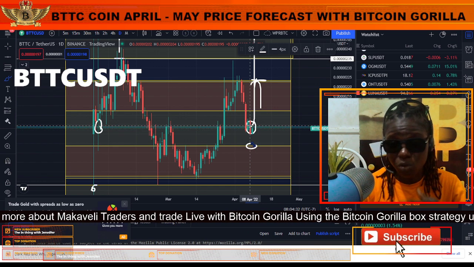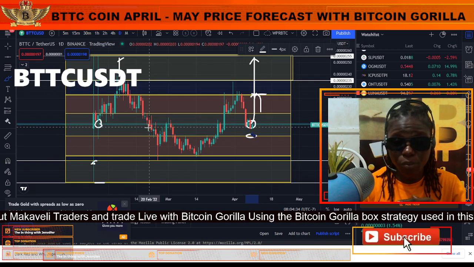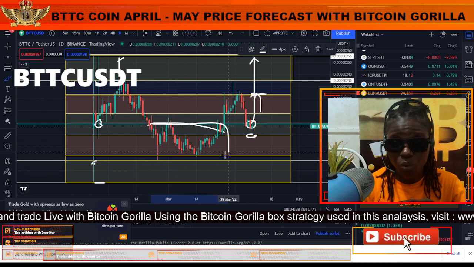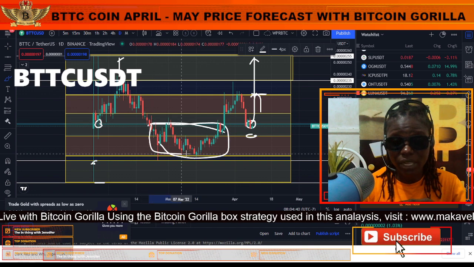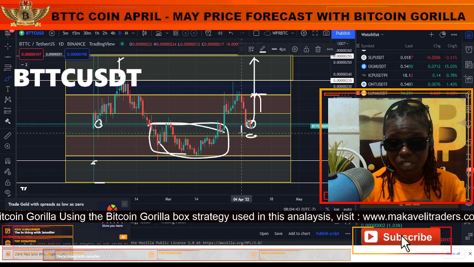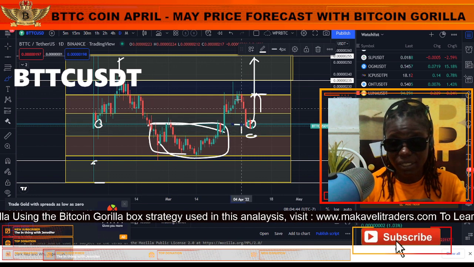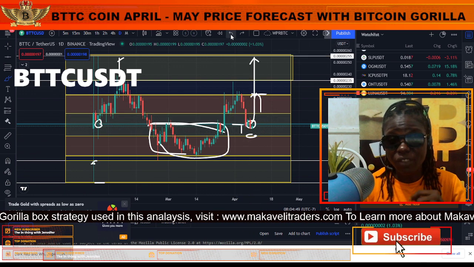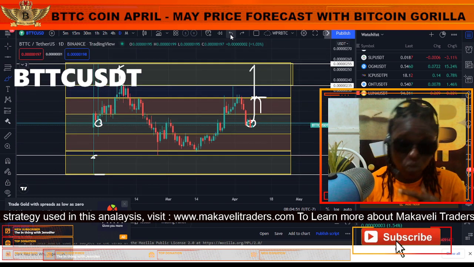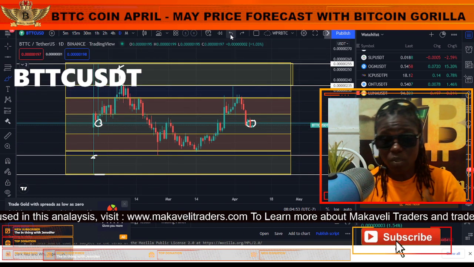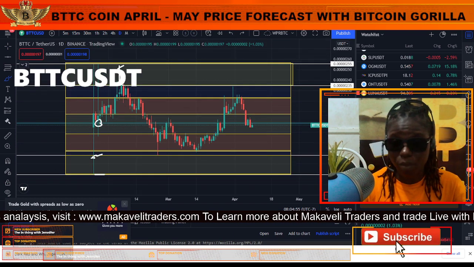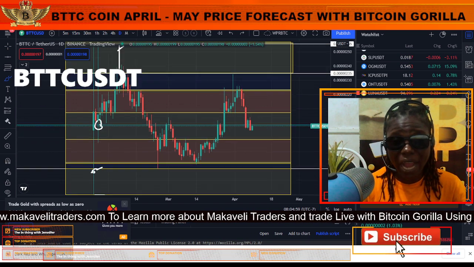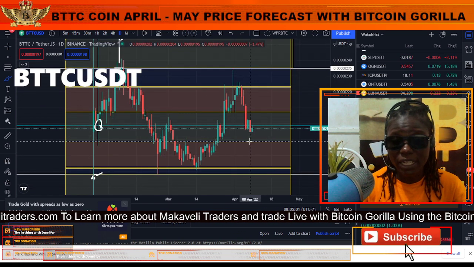But I will tell you, because of the pressure of the breakout here, because this is a sideways market that broke out here, what I am saying is that this entire range is a retest. This move down is a retest, and chances are high that if the control line fails to hold them, because it's expected that they will try to hold up above the control line, but if the control line fails to hold them, then we are going to see these bulls likely getting a better support.